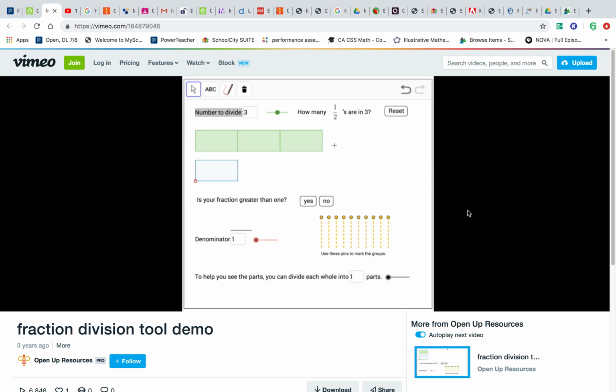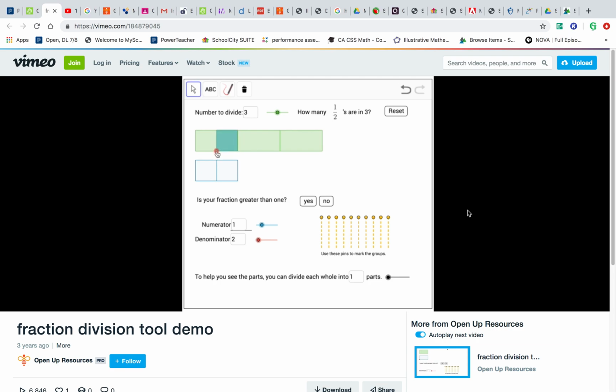When I'm talking about 1/2, the denominator is 2, pressing enter, and then the numerator is 1. So there's my 1/2. And up here we can see there's a light blue rectangle that's the same size as one green. There's one light blue rectangle, but 1/2 of it is shaded in. Here's a 1/2. So if this green rectangle is a 1, this shaded blue part is 1/2.